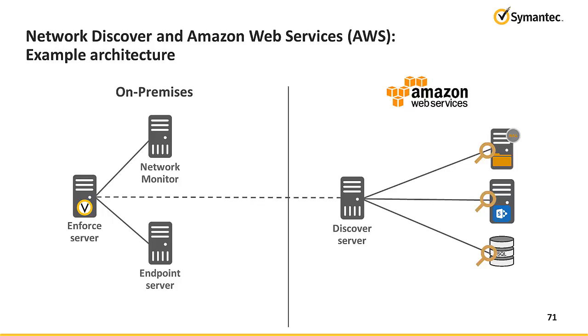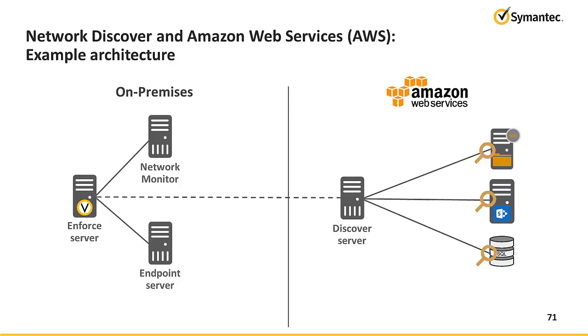Refer to the Symantec Data Loss Prevention System Requirements and Compatibility Guide for the supported versions of these targets. The latest version of this guide can be found on the Symantec Support Knowledge Base at support.symantec.com. Note also that Network Discover Cloud Storage Discover servers are supported for deployment in the AWS cloud.